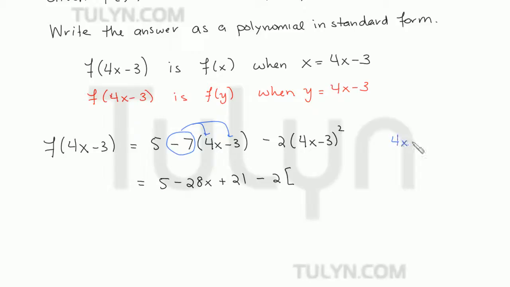So I'm going to do that as scrap work on the side. 4x minus 3 squared is 4x minus 3 times 4x minus 3. So foiling that, we're going to get 16x squared minus 12x minus 12x plus 9. So what we're going to get in here is 16x squared minus 24x plus 9.